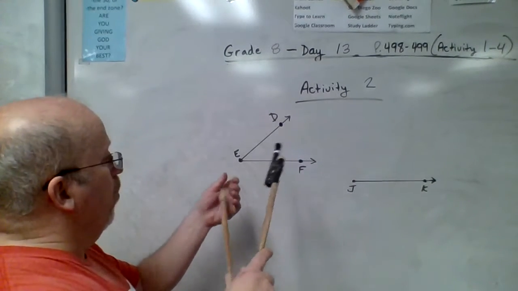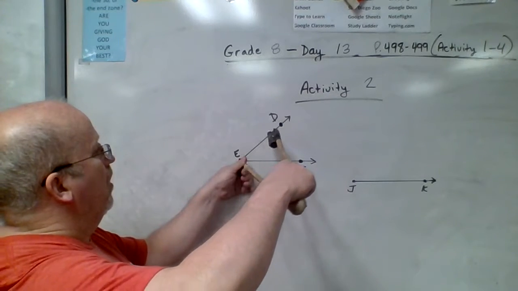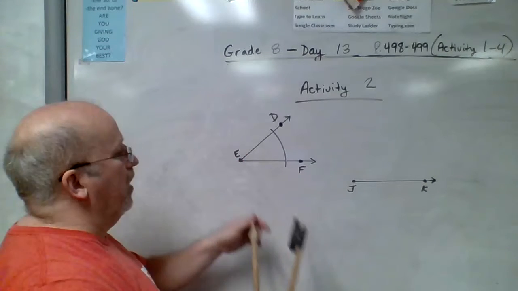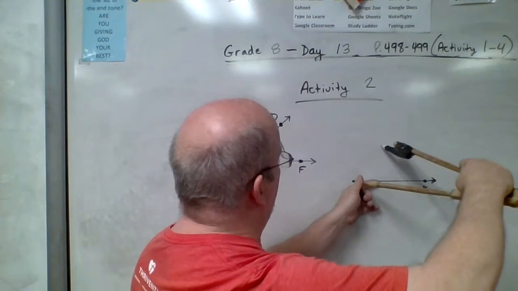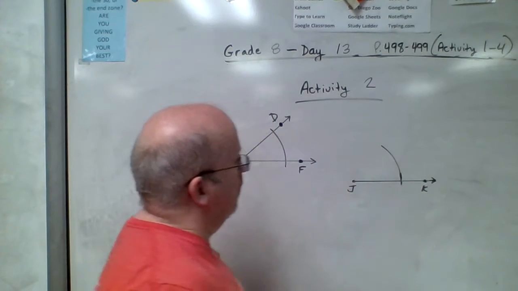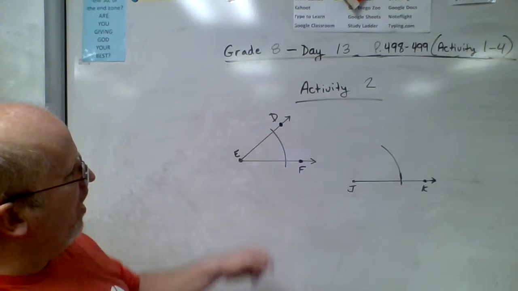First thing, we're going to take our compass and we're going to draw an arc right here. We're going to draw the same exact arc. Don't change your compass distances at all. Right there. Second thing we're going to do is we're going to measure the distance from here to there.